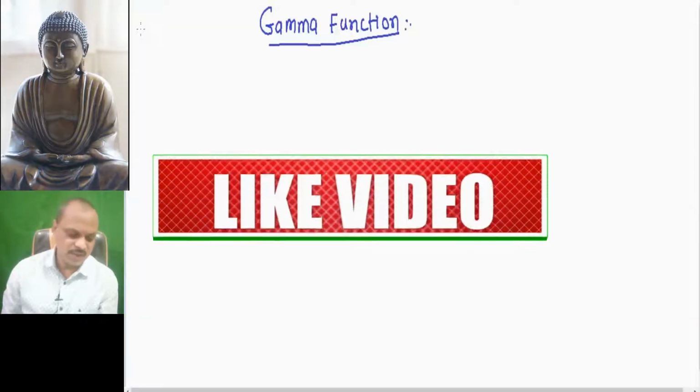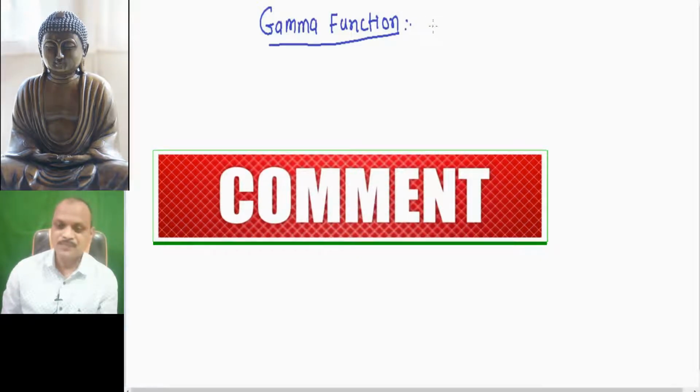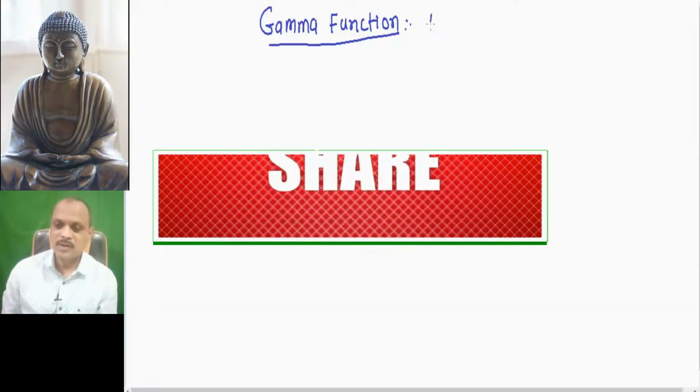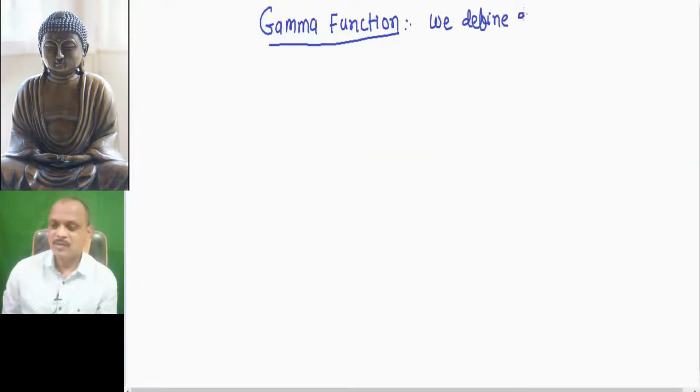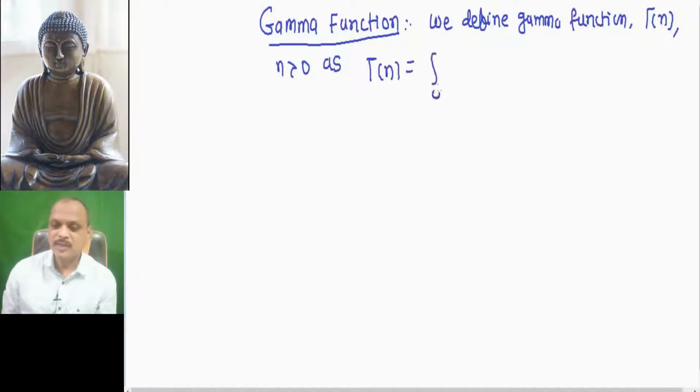We define the gamma function, with notation capital gamma of n, where n is greater than 0, as gamma of n equal to the integration from 0 to infinity of e raised to minus t, t raised to n minus 1, into dt. This is the definition of the gamma function.